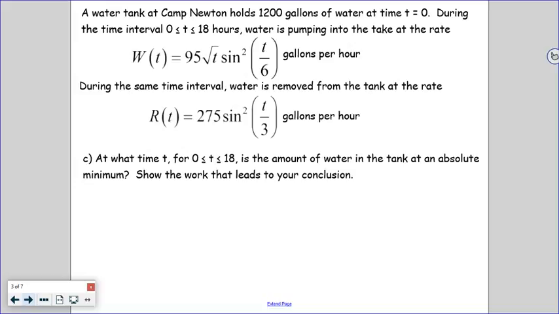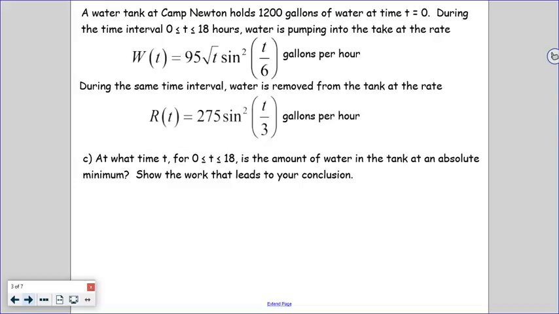Okay. So let's talk about this one real quick. Maxes and mins, just the underlying concept there, right? Maxes and mins happen at endpoints of a closed interval, so we definitely have to check out 0 and we definitely have to check out 18 because those are possibilities. And they also happen where? It's a two-word phrase I'm looking for here.